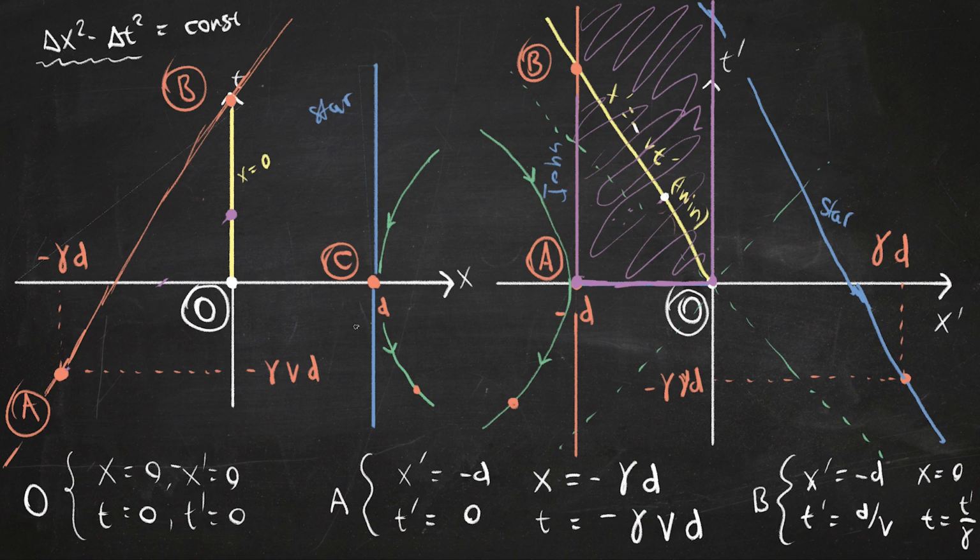It's a little bit tricky, I suppose, because if you imagine the spaceship being all these space-time events here in the prime frame, then it's actually going to constitute all these space-time events here in the unprime frame.